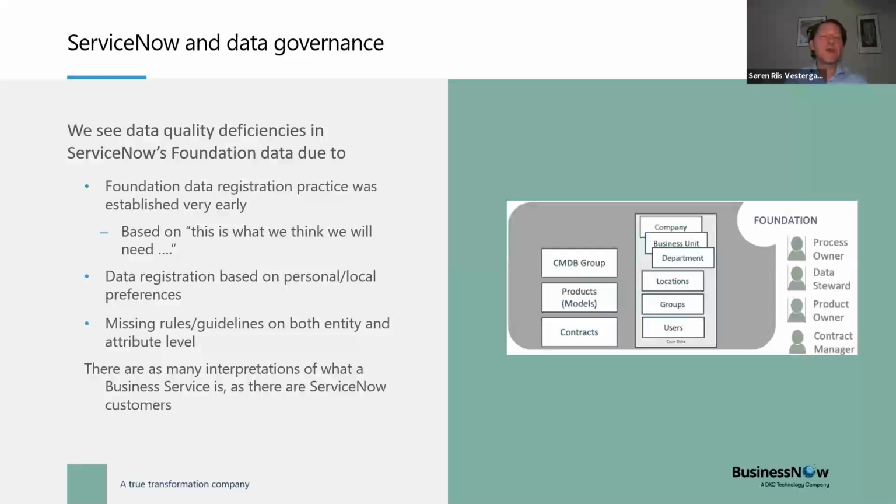Well, some of it is that the foundation data registration practice in a customer's ServiceNow installation was established very early, because it was some of the first data that we had to get a grip on when we started using ServiceNow.